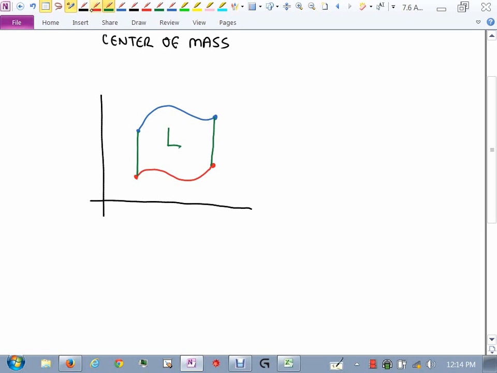Okay, so you find the area. Can you do that? How do you find the area? If I label this function f and this bottom function g, and then we go from a to b.